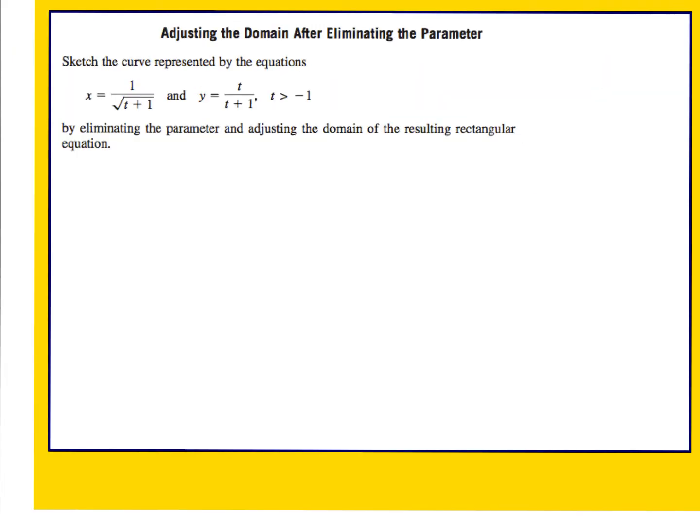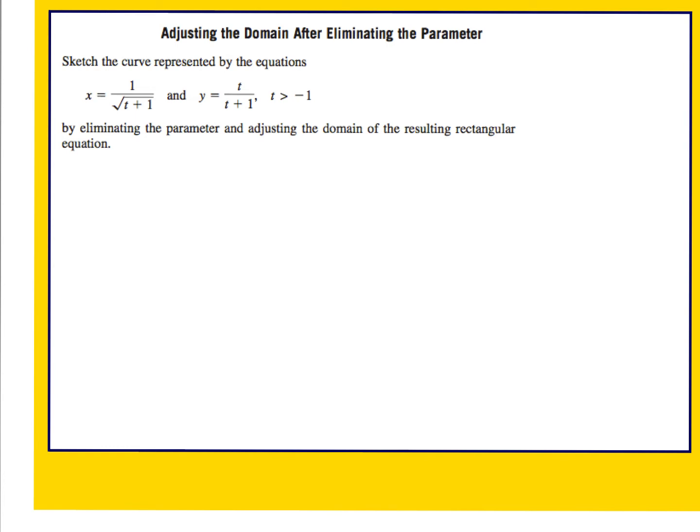All right. I have x is equal to 1 over square root t plus 1, and y is equal to t over t plus 1. The domain of it is really t is greater than negative 1. I'm not so concerned about the domain of these things. I might talk about them, but I'm not going to test it.